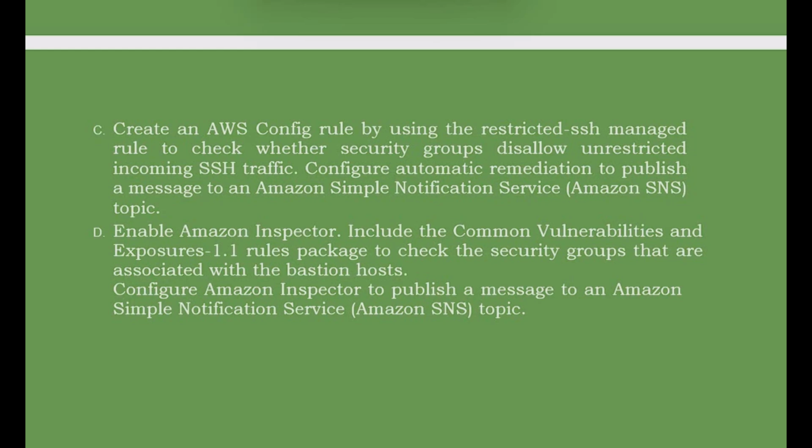Include the Common Vulnerabilities and Exposures 1.1 rules package to check the security groups that are associated with the bastion hosts. Configure Amazon Inspector to publish a message to an Amazon SNS topic. Correct answer is option A.